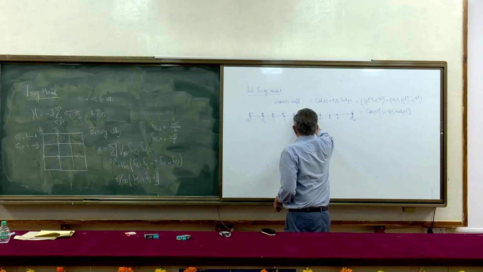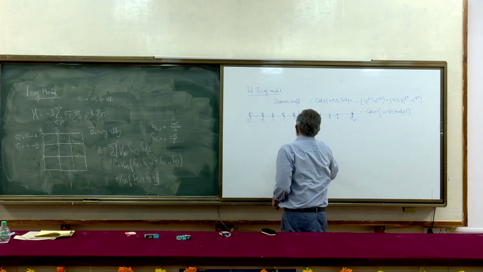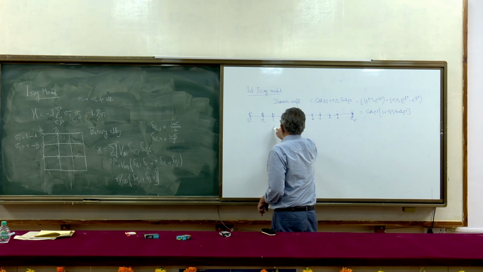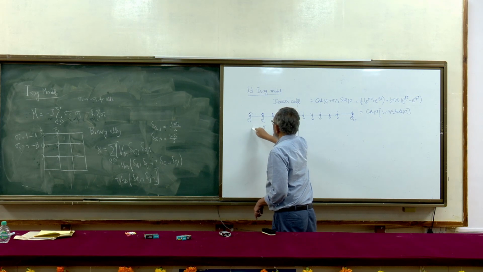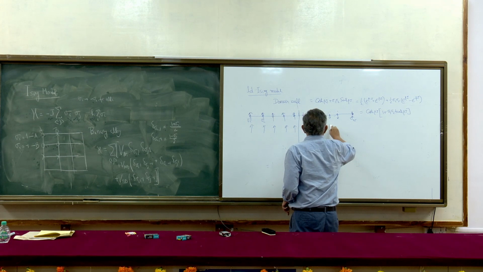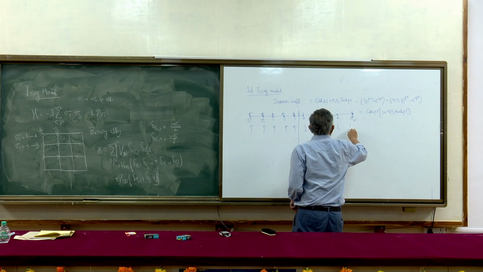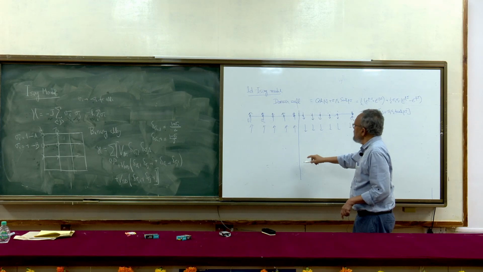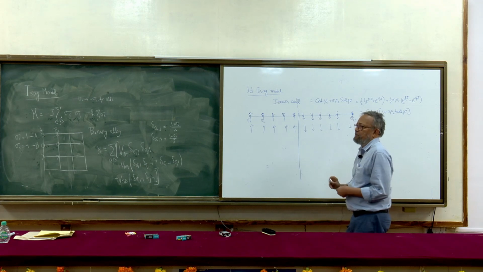So if I want to draw a domain wall, this is what domain wall means. It basically means all spins on this side are up, all spins on this side are down. But the energy of this domain wall, see, earlier there was only one row of spins.